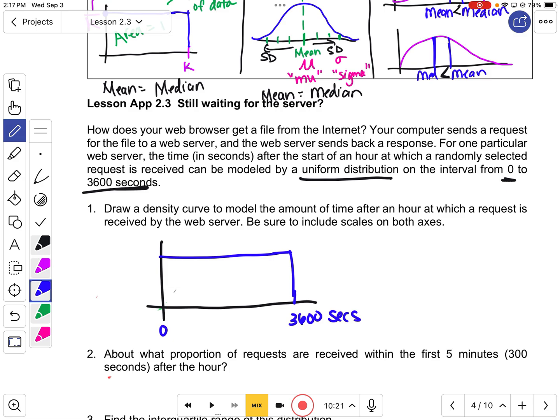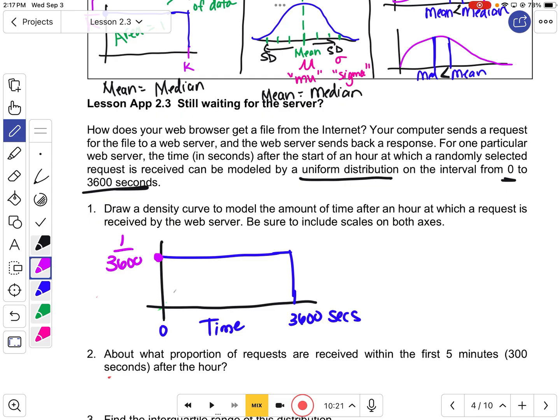It's 3,600, okay? This is talking about time. And so what would my height be on the left-hand side? Yes, 1 over 3,600. That's all we have to do. That's all it wanted me to do on that problem, was draw the rectangle.